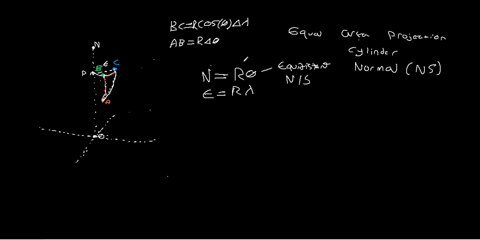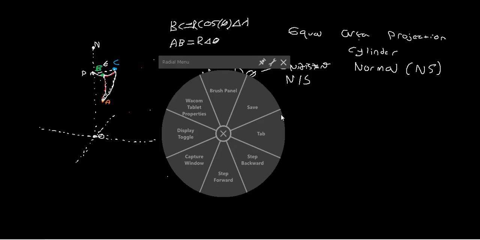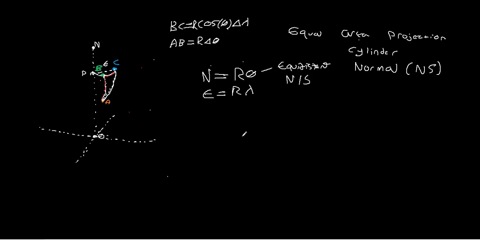So let's talk about what we know to be true here. Right now our easting, the way we calculated it before, was equal to the radius of the reference globe times the longitude of the point.